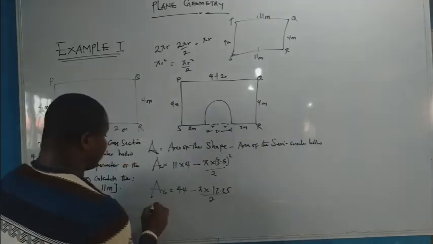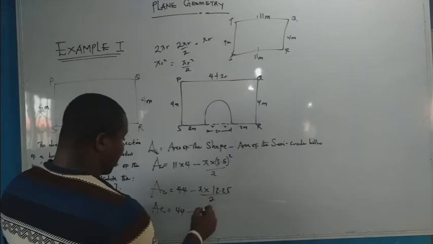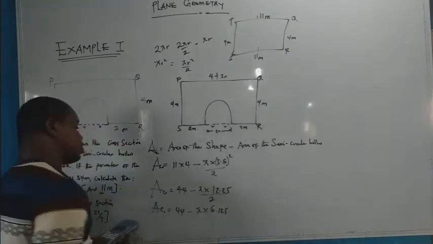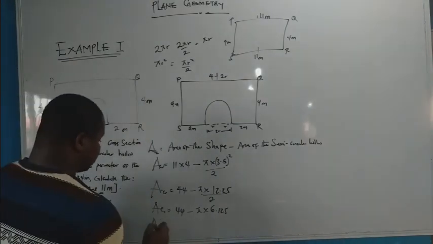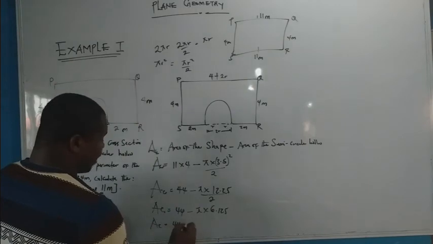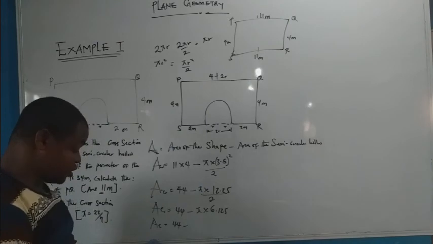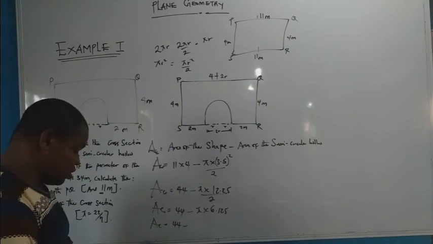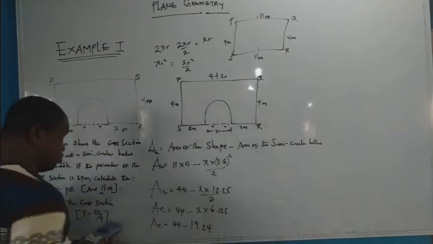Okay, so we have the cross section going to be 44 minus pi times 6.125, because 12.25 divided by 2 is going to be 6.125. Okay, so the area will now be 44 minus, when you multiply by pi, 3.142 or 22 over 7, we're going to get 19.24.